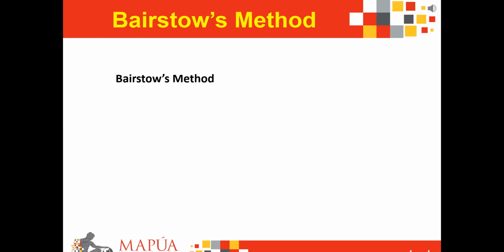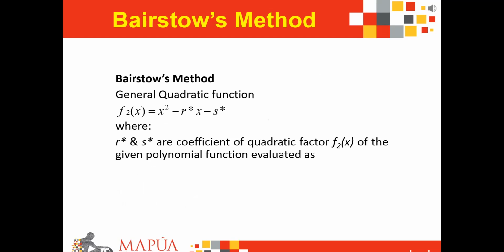One of these iterative techniques is known as Bairstow's method, which utilizes this general quadratic function whereby your parabolic equation is equivalent to x squared minus rx minus s, where r* and s* represent coefficients of your quadratic factor f2(x), shown to be the exact quadratic factor of your given polynomial function.